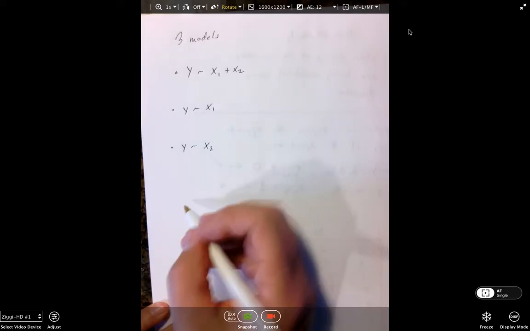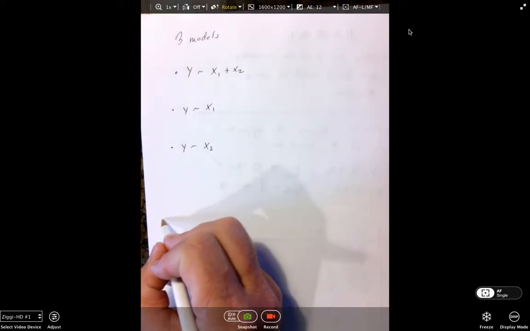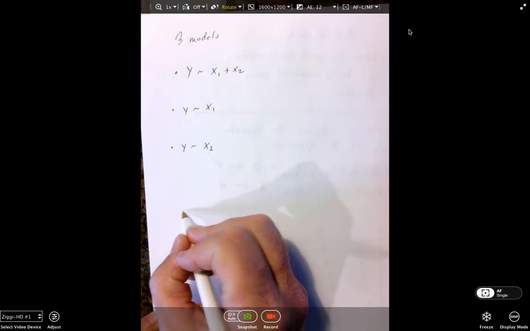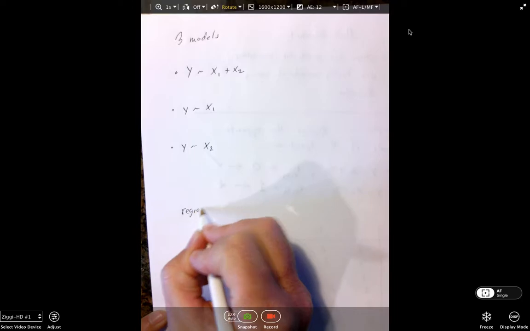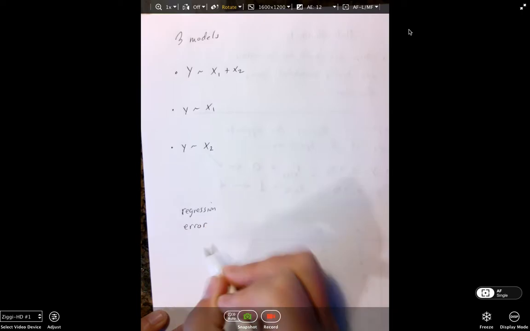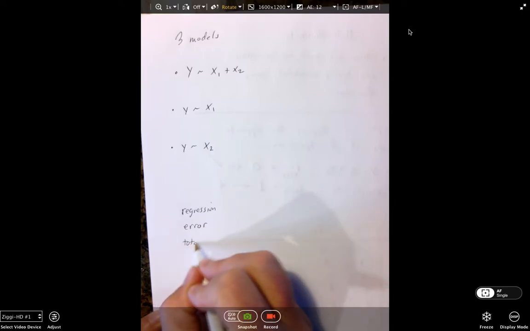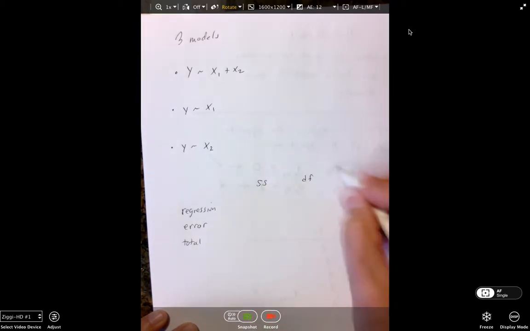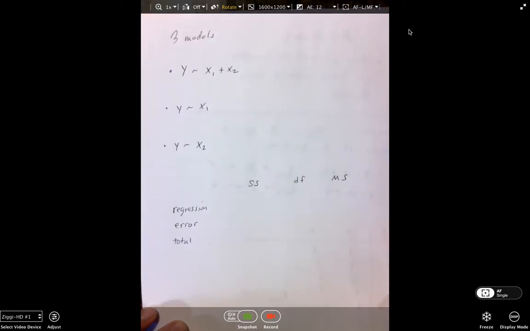And for each one of these, I want to create the regression, the error, the total, sum of squares, degrees of freedom, and let's look at the mean square.